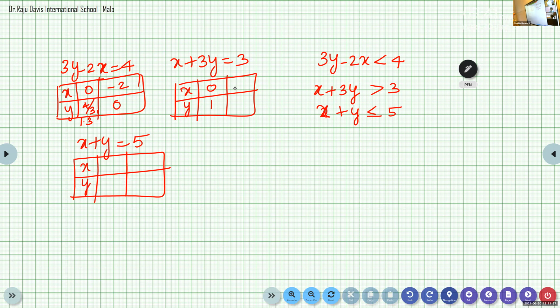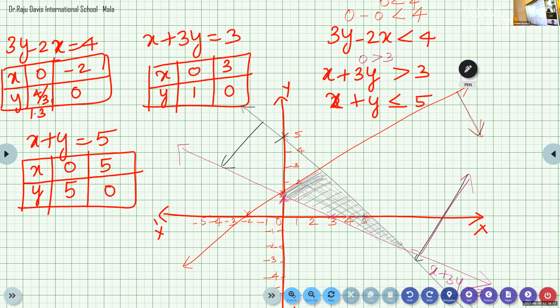Is it okay, Aishwarya? Yes, ma'am. What about Tomlin? Are you getting this shaded region? Okay, complete this one, children.